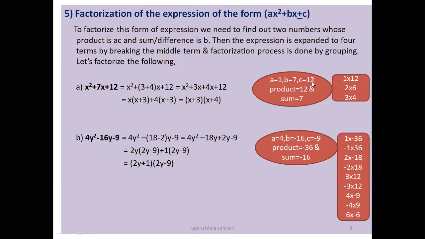Now what we are told, a into c is the product, that is 1 into 12 is the product, that is 12, and the sum is b, that is 7. Now you need to find two numbers whose product is 12 and sum is 7. Product is 12 means I need to find the factors of 12.